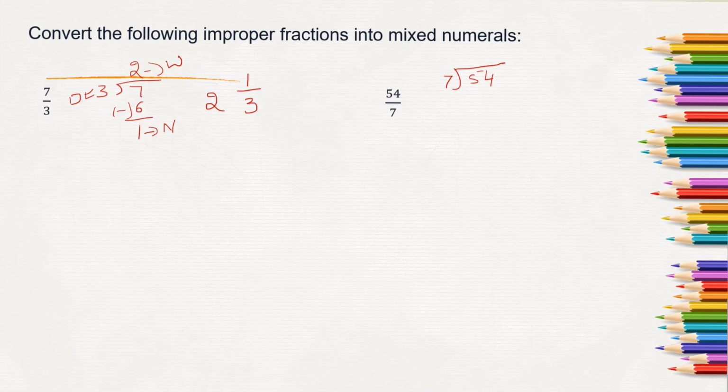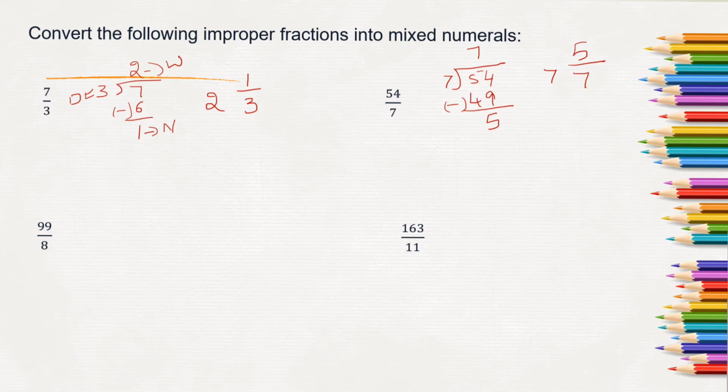So we'll go with 7 times 7, 49. 54 minus 49 will be 5. So here the whole number is 7 and the remainder is 5 and the denominator is 7. So the answer is 7, 5 by 7.